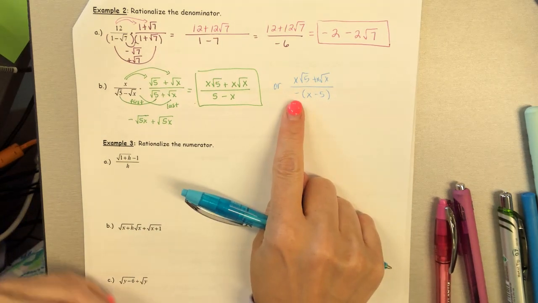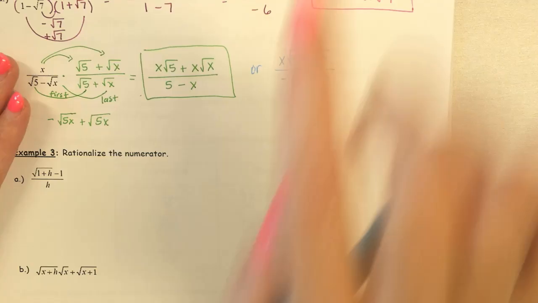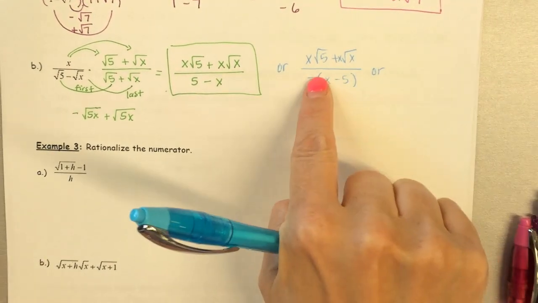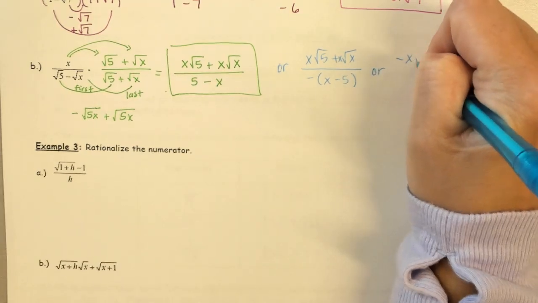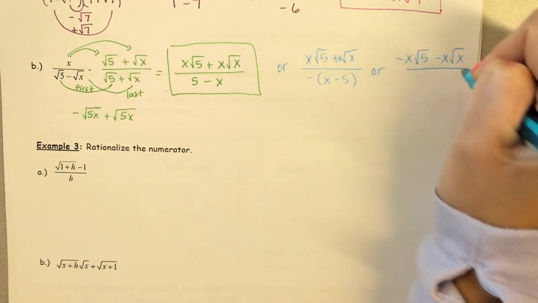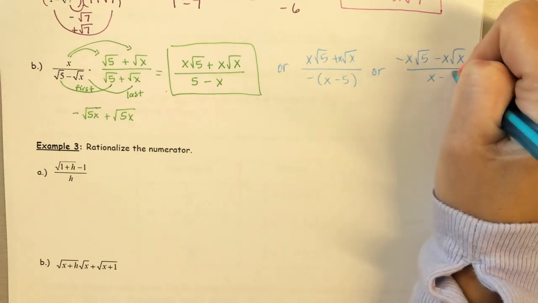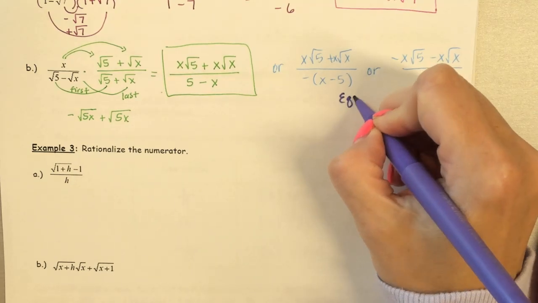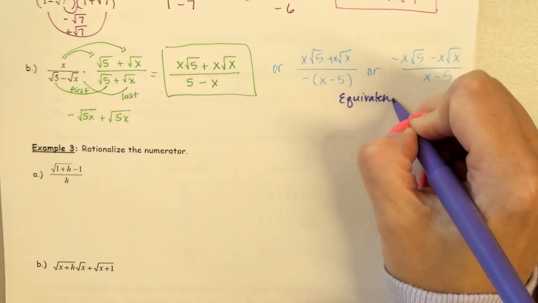Sometimes they even take this negative that they factored out and they apply it to the numerator. So they would distribute it to the top like this. Okay, this would be an equivalent form. So it's important that you can recognize those.